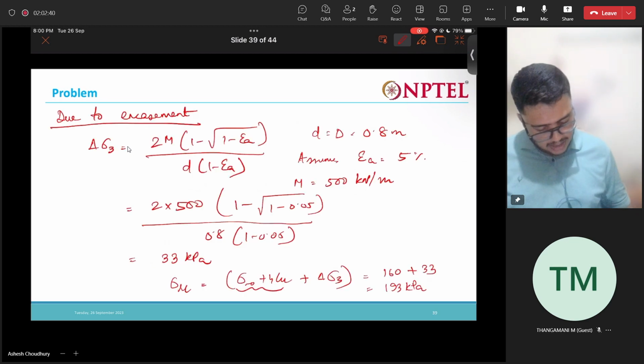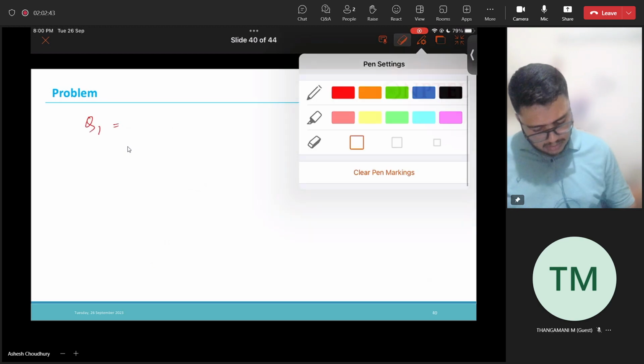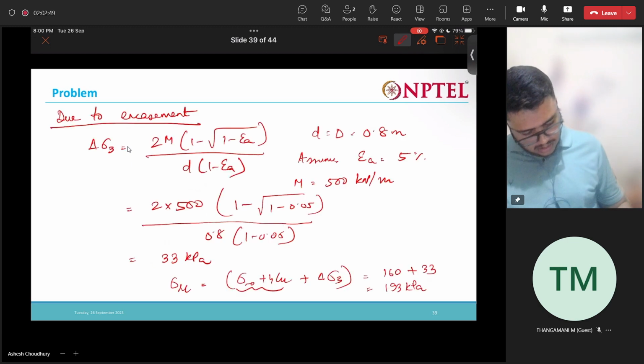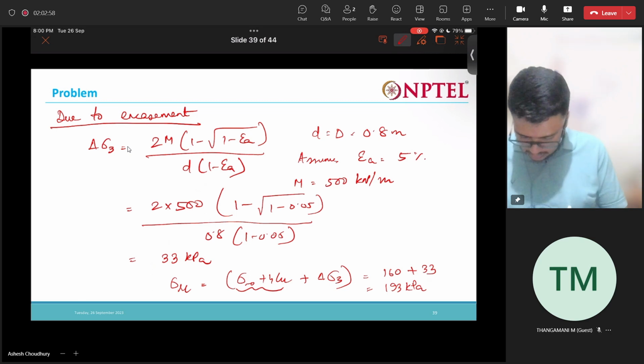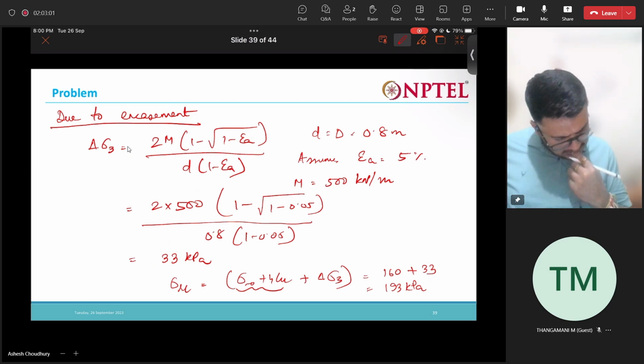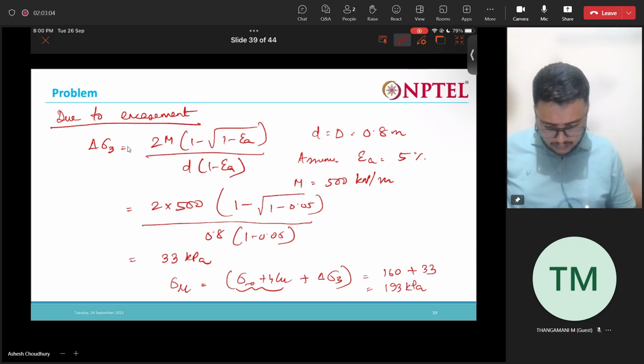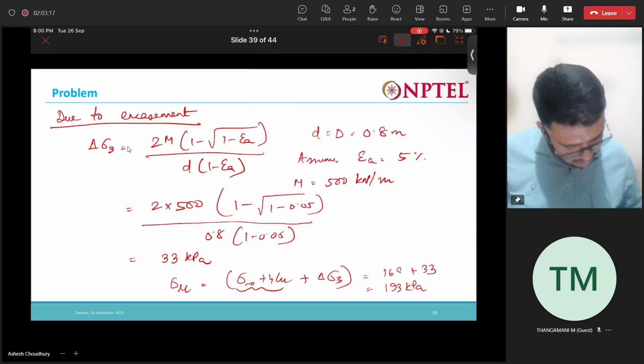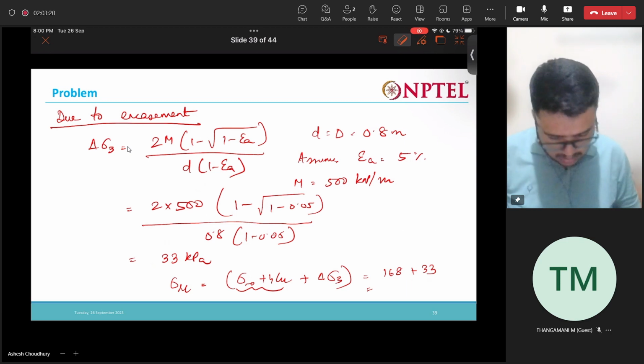Therefore, Q1 will now change to sigma RL. So what will be sigma V? Just a second. 160, not 160, right? 4 into 40 plus, what was it, 168, that's right, no? 168 plus 33, 201.